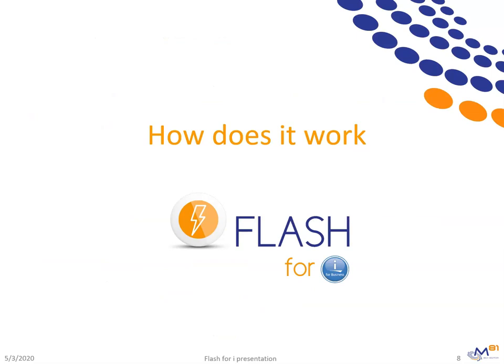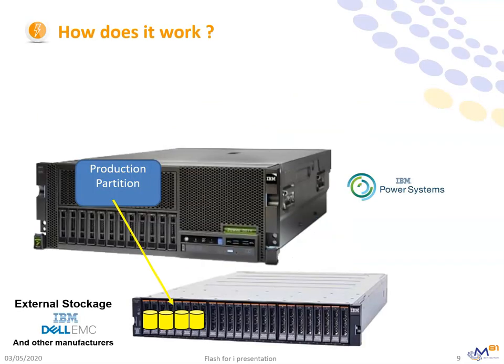Now let's see how it works. Here is a Power server with an IBM i production partition. The disks are external disks located on the disk bay, a Storwize SVC, DS8000 or EMC VMAX for example.